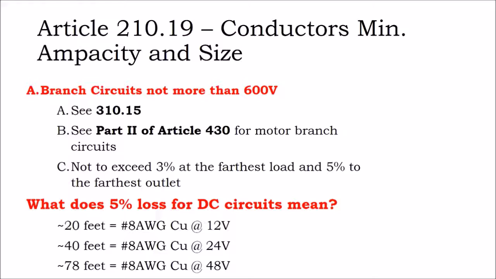If I'm using number 8 copper, that usually is about the maximum size you go up to before lower power components may not accept larger cable than that. And so it might work for a recreational vehicle that's no more than 40 foot long to have a 24-volt battery bank.